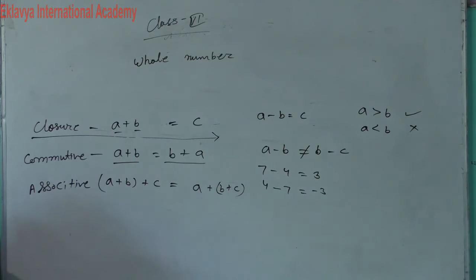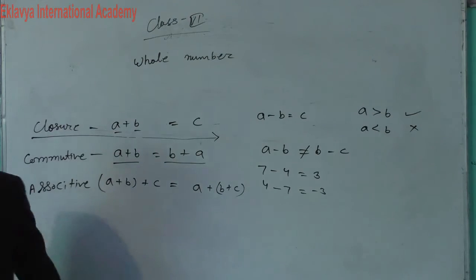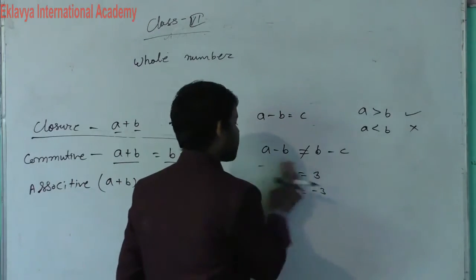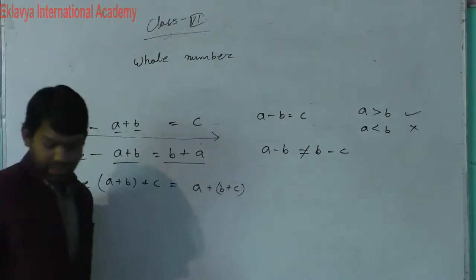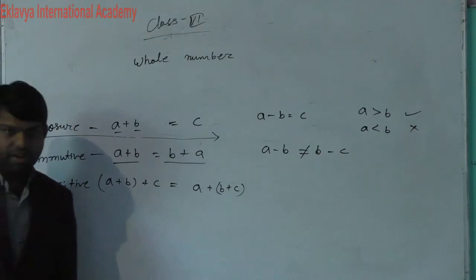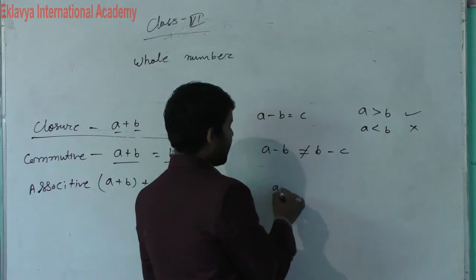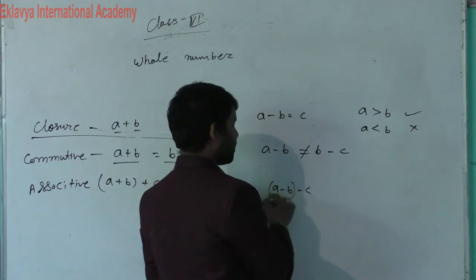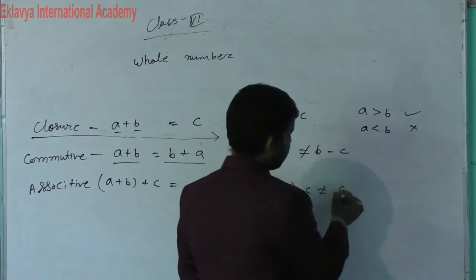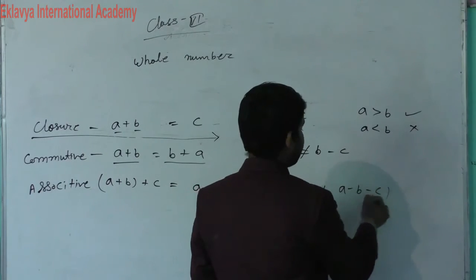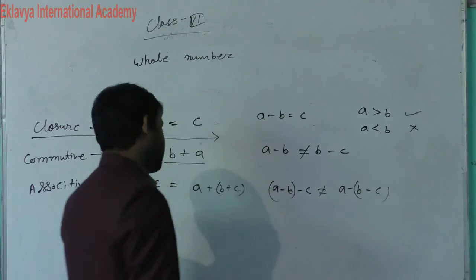The last property is known as the associative property. The associative property also can't be applied here, because (a minus b) minus c is not equal to a minus (b minus c).